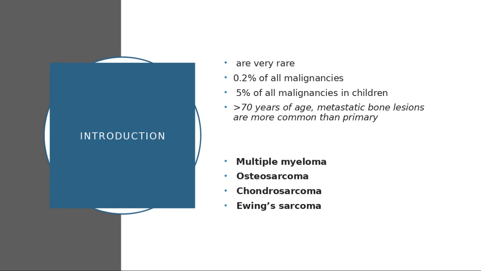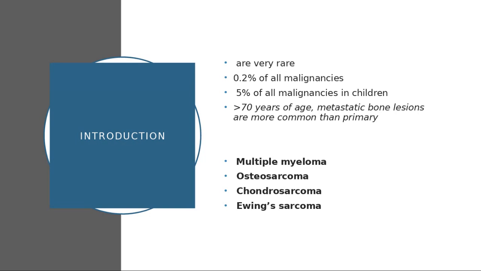Now, as I said, there's just a handful of primary bone tumors. The four main ones you see on the screen there are the ones that we're going to be discussing today. The rest are much less common, so there's not really much to discuss specifically for the remaining ones.